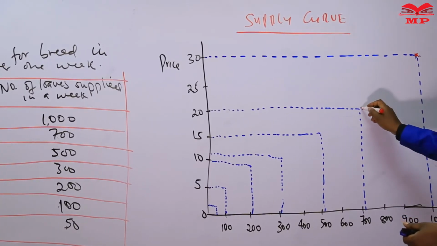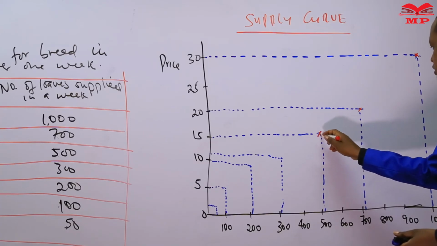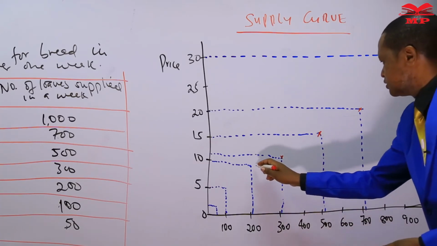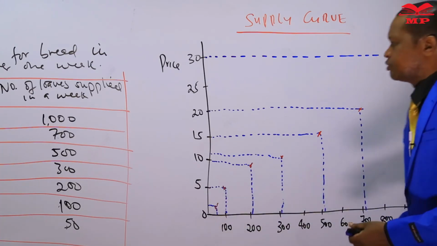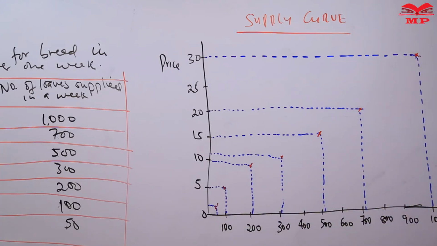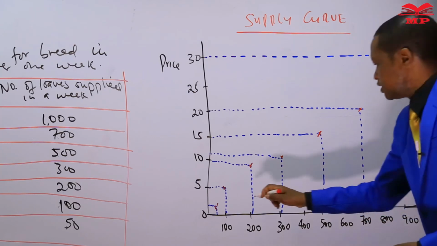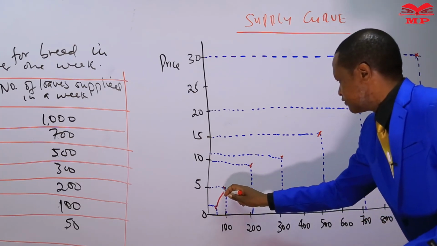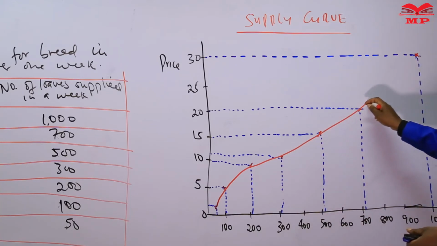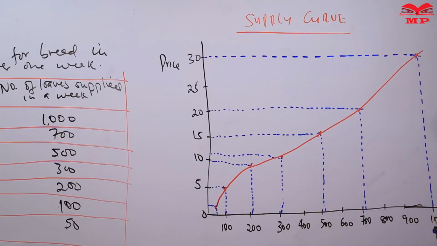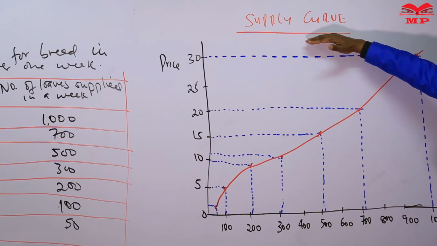Then you have another point here, and another. So with these points, we can draw our supply curve. That is how to come up with a supply curve.